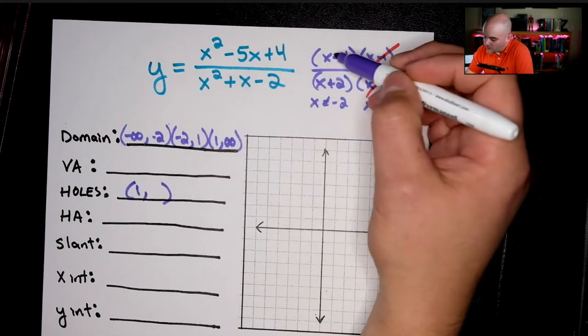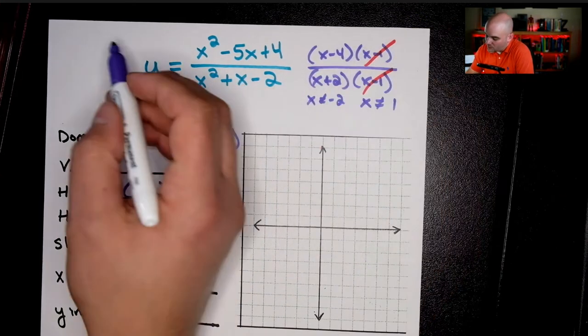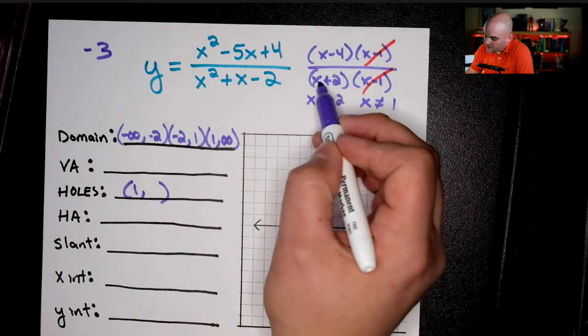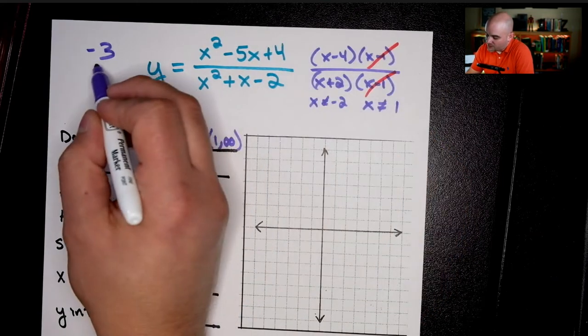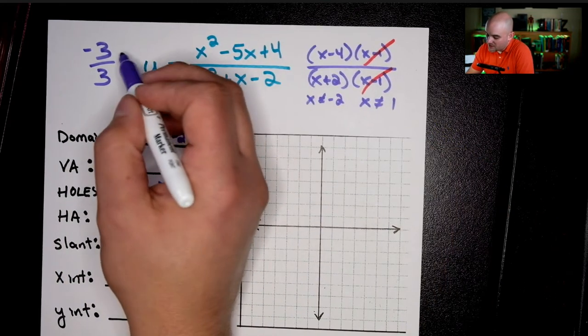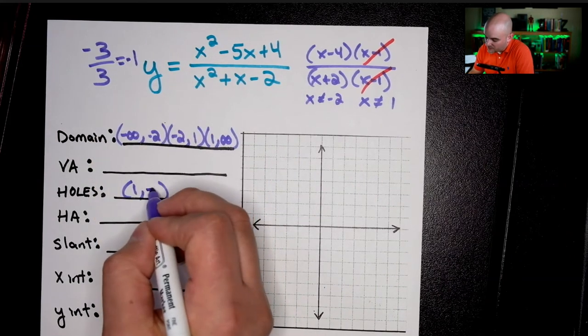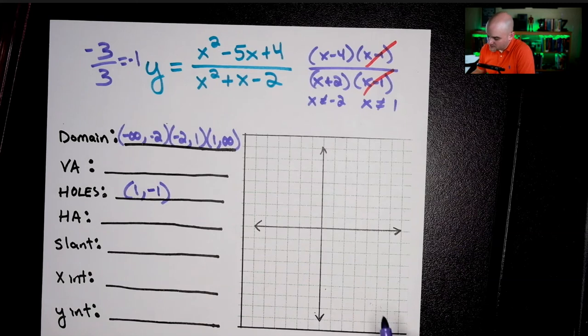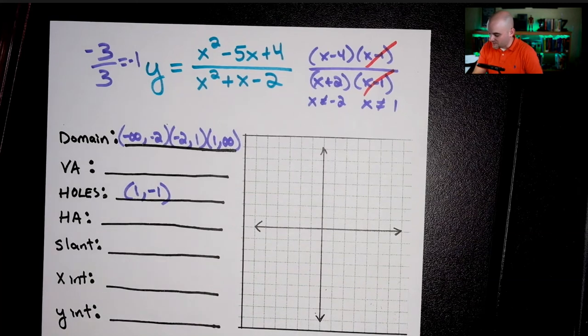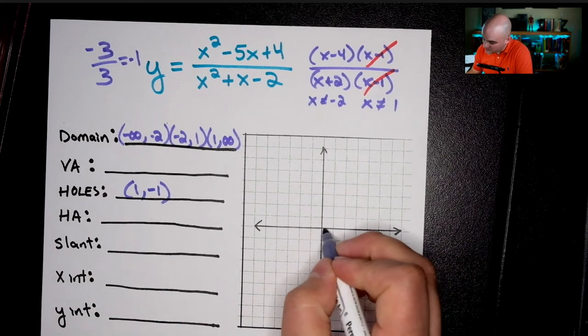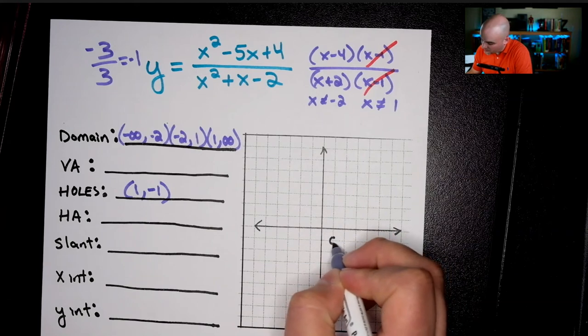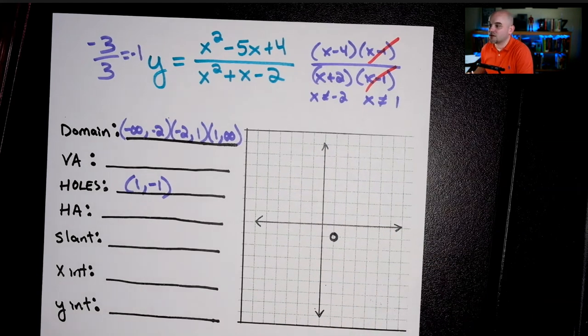If I put 1 into it, I get 1 minus 4, which is negative 3, and in the denominator, 1 plus 2, which is positive 3. And that simplifies to negative 1. So when x equals 1, y equals negative 1, that's where the hole is. I'm going to go ahead and graph it now so I don't forget to graph it. So 1, negative 1, put that space right there missing.